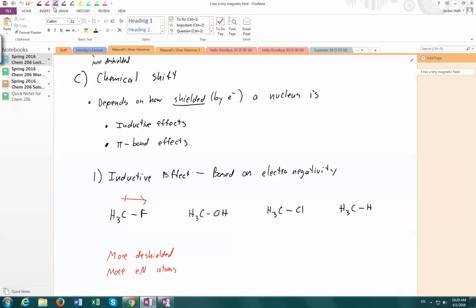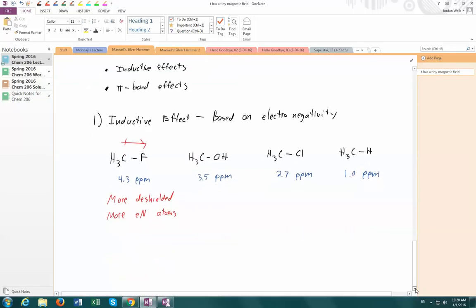And so in terms of chemical shift, we see this would be about 4.3 ppm, would be about 3.5, 2.7, and then finally just methane itself comes in around 1 ppm. And so as we increase the electronegativity of the atom attached, we can see we're de-shielding our protons more, and so they shift more downfield.